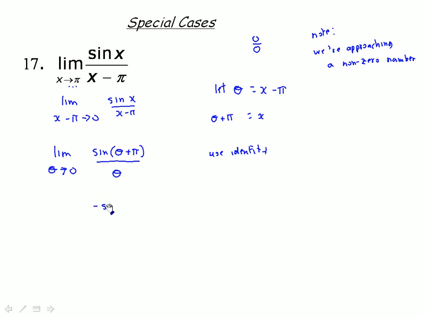So negative sine theta over theta. And that's the limit as theta approaches 0. And that's good, because when we take the limit, we have a negative, but that's negative 1, because sine theta over theta is 1. So therefore, this limit is equal to negative 1.